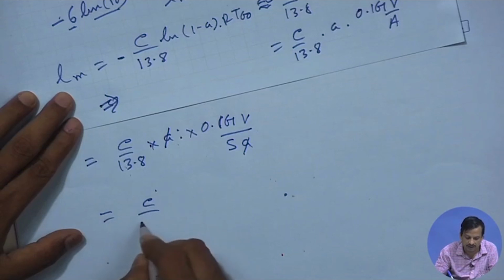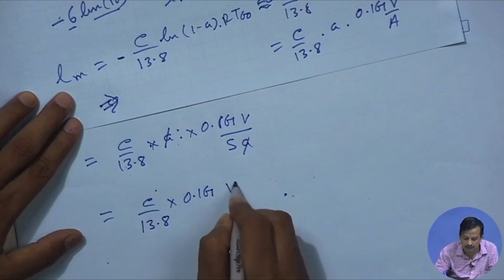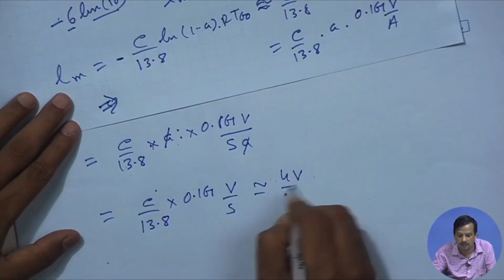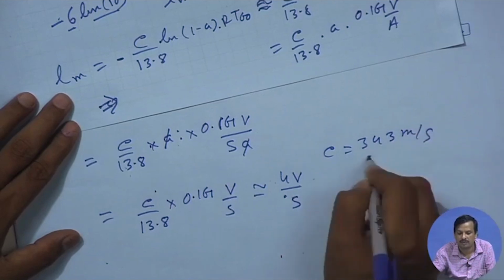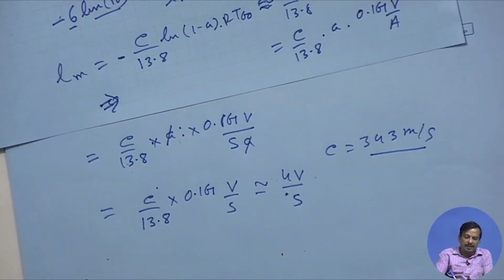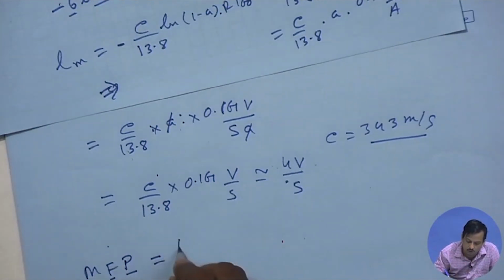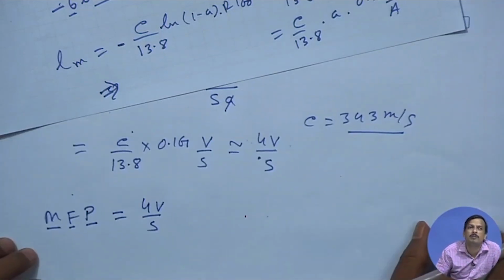So, it is c by 13.8 into 0.161 V by S, which equals 4 V by S, if c is equal to 343 meter per second. So, the mean free path, Lm, is equal to 4 V by S.